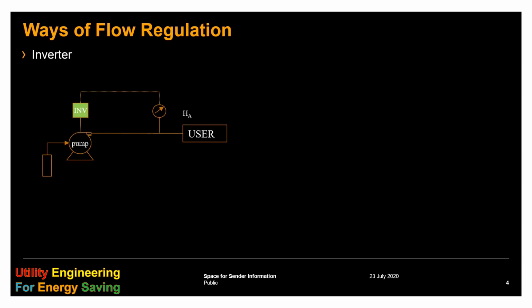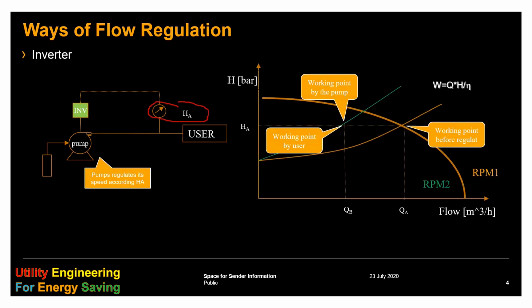In the third case, which is the regulation by means of a frequency drive, actually there is no valve, neither in parallel nor in sequence. So the drive is changing the pump speed to keep the pressure constant, the pressure before the user, this one. What is happening to the load curve? Without any control, the flow drops and the pressure would rise as per the previous slide.